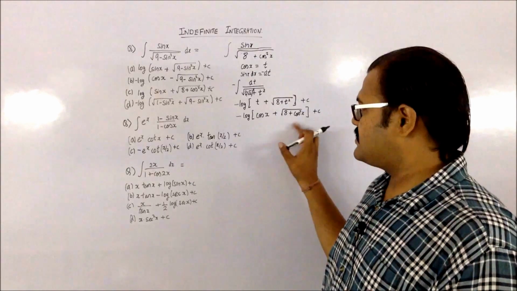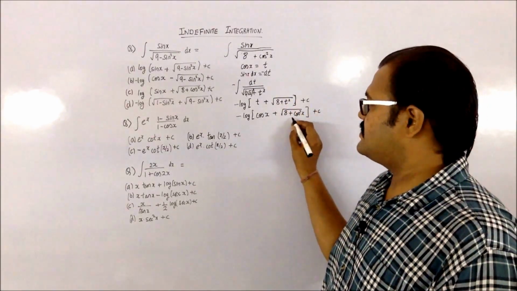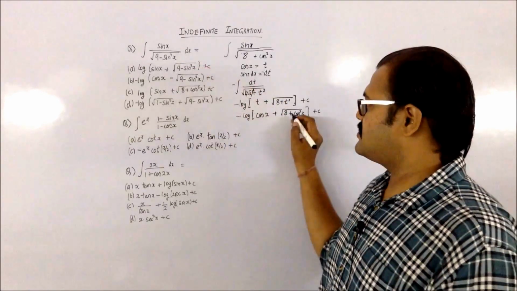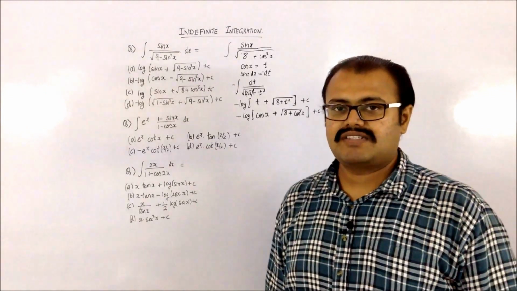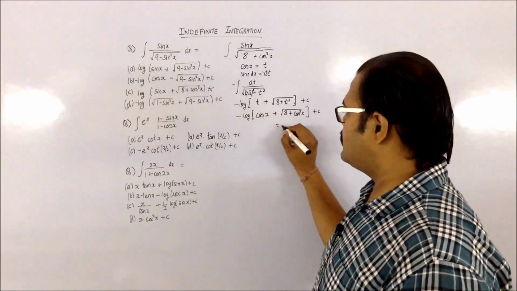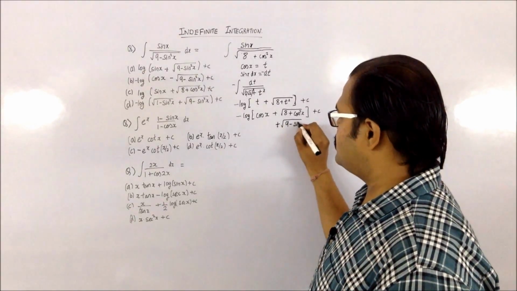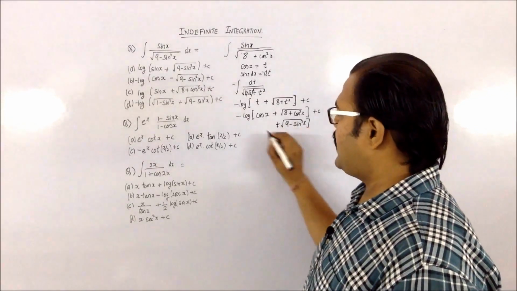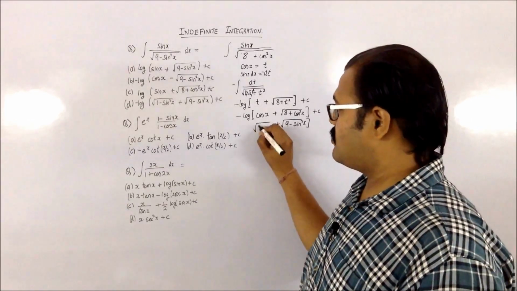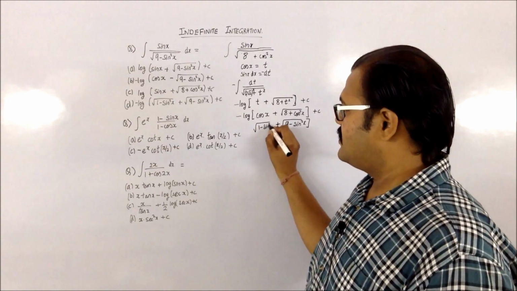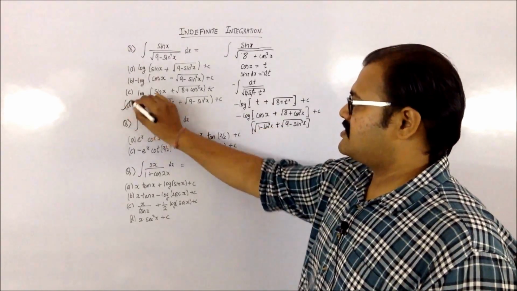What you can do is change this to sine again, because cos square is equal to 1 minus sine square. So that's going to be plus root of 9 minus sine square, and you can write your cos x as root of 1 minus sine square x. So if you check this option, it's going to be your option D.